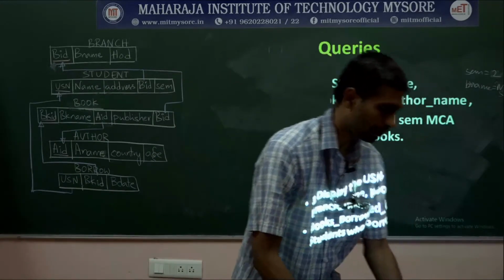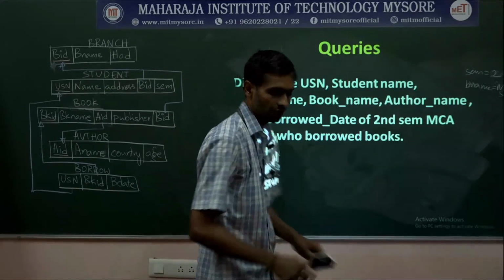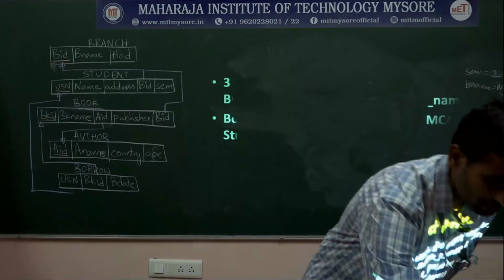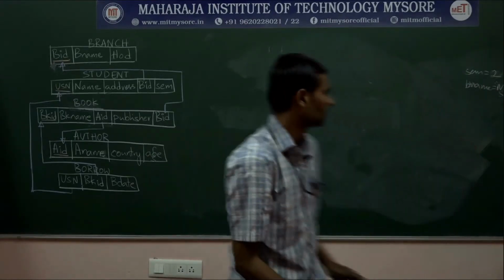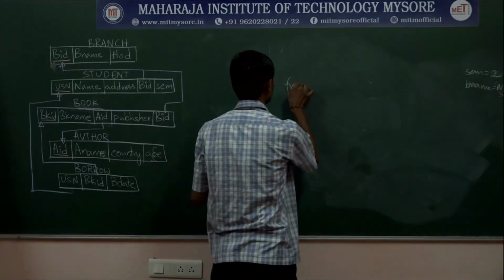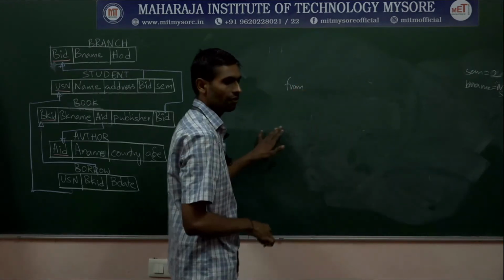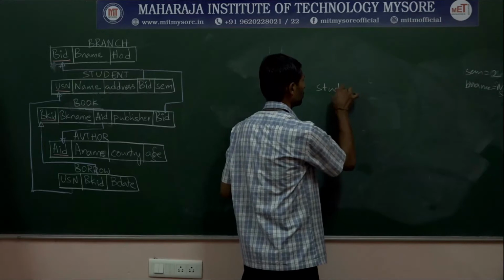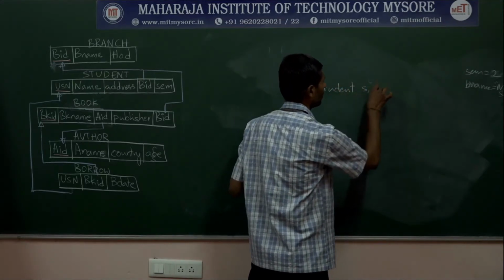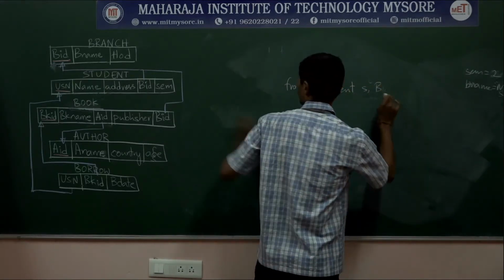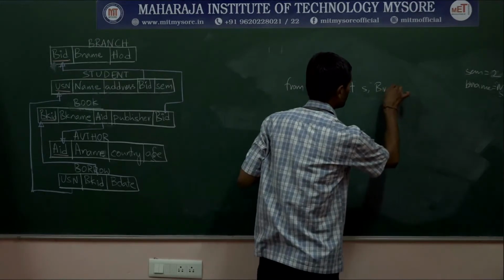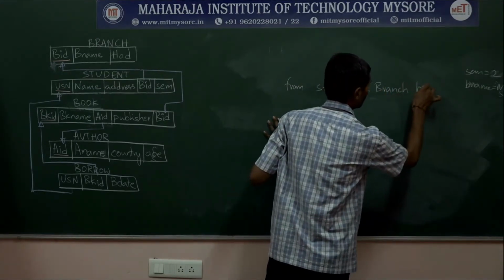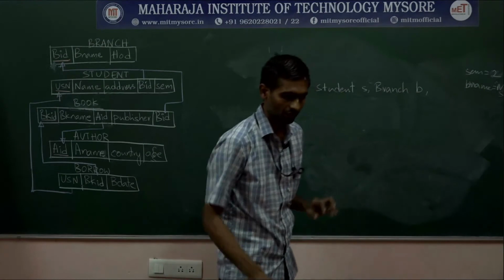Let me go with exploring. So prior to that, let me write this query. First write down all the tables which are required in FROM. So first student, yes. Then branch we used, right? Branch B. Let me write.